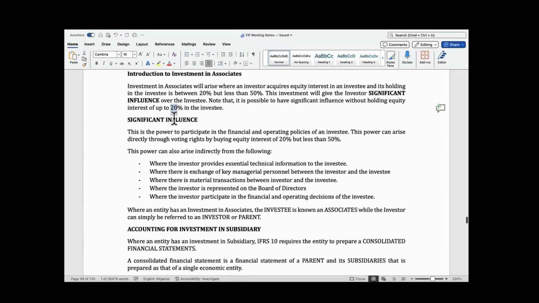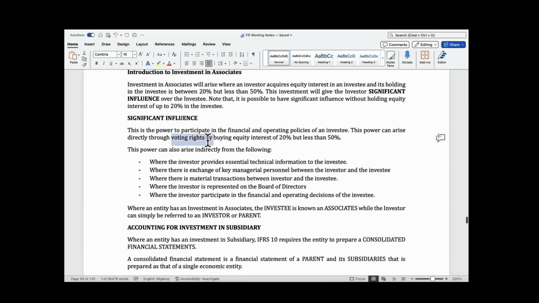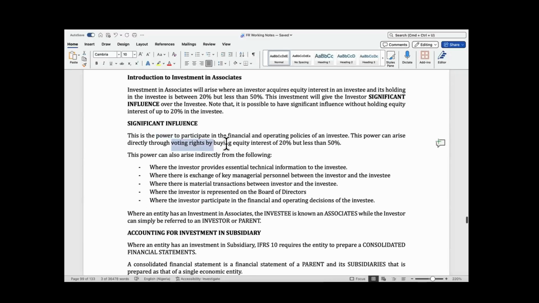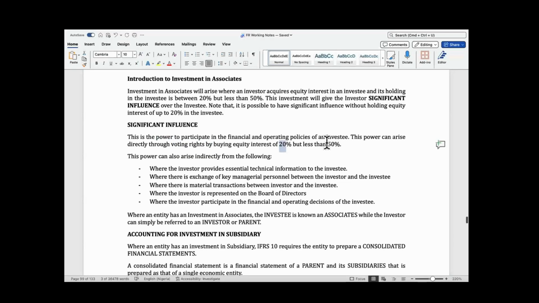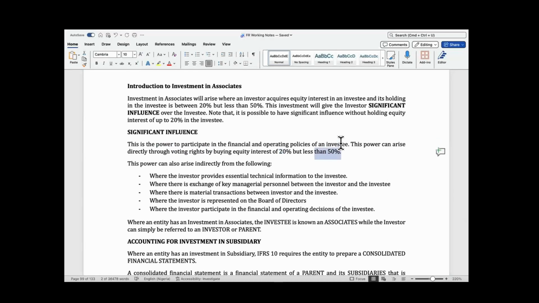Now, significant influence is a power to participate in the financial and operating policies of an investee. And this power can arise directly through voting rights, by buying shares in the investee of 20% but less than 50%.